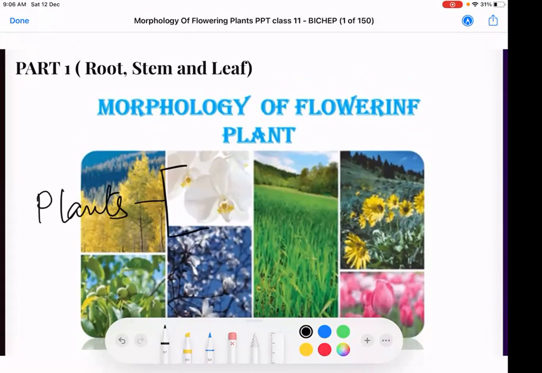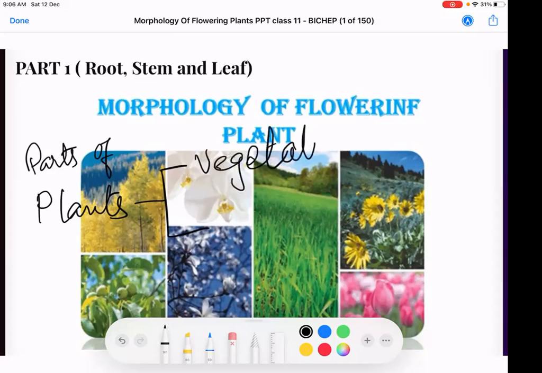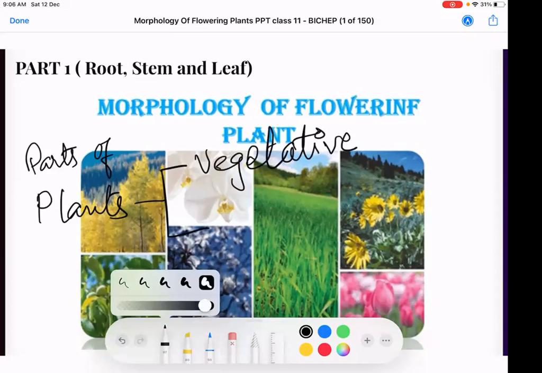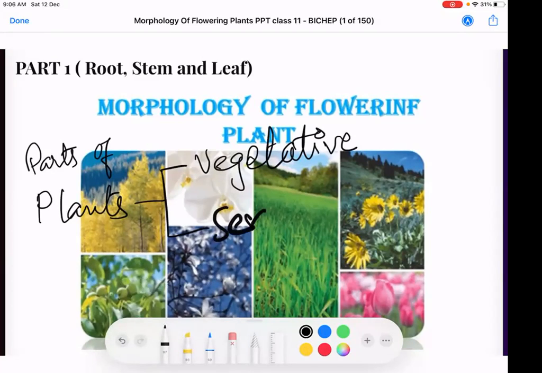One is vegetative. And the other is sexual.